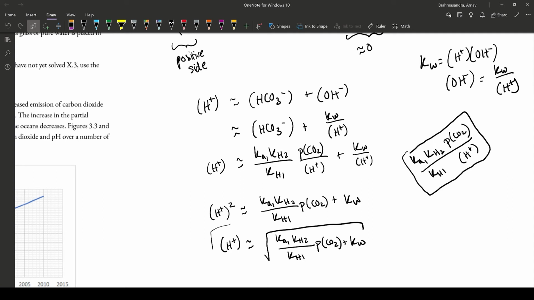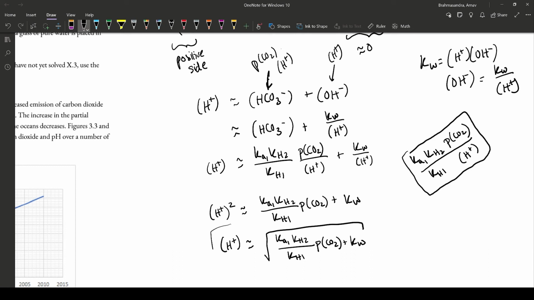Use your equilibrium constants to rewrite those in terms of things you do want. We rewrote this one using 3 different equilibrium constants in terms of our pressure of CO2 and our H plus. We rewrote this one in terms of H plus through our Kw, our water dissociation equilibrium constant.